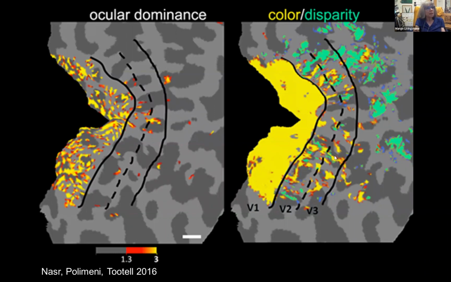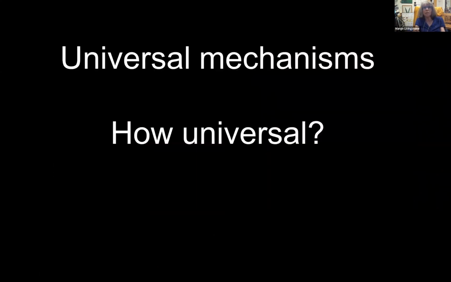And there are domains in V3 that are still coarser than the domains in V2, and maybe even domains in V4 that are even coarser still. So maybe domains just get larger going up the visual hierarchy, possibly due to input convergence at each stage and therefore broader correlation patterns. If so, huge domains in IT wouldn't be all that surprising.